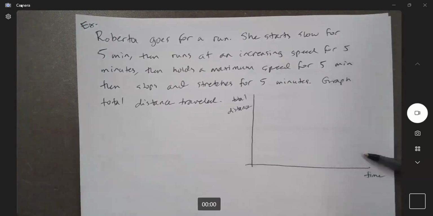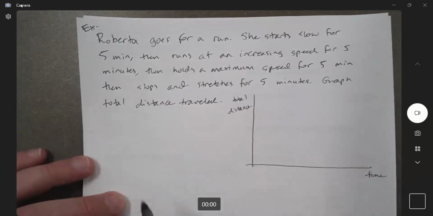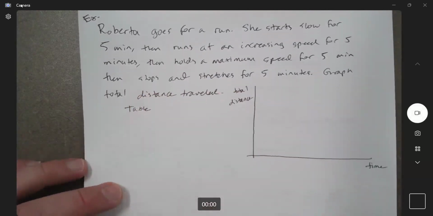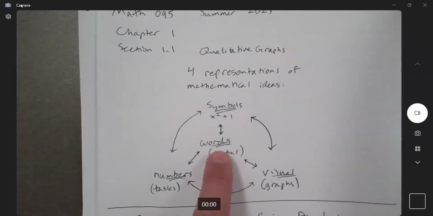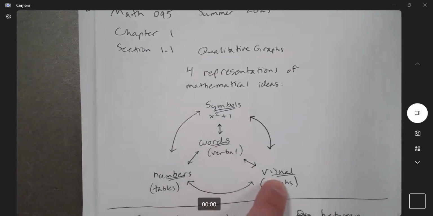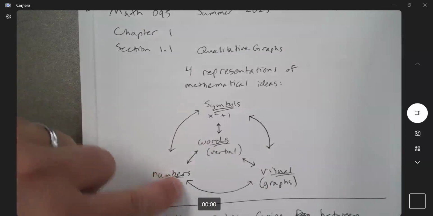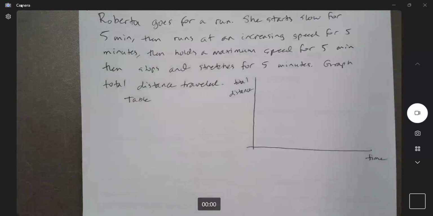You could, before going to a graphical representation, do a numerical representation. You could make a table, for example. And this is what I want you to think about: is there a time when, instead of going from words to visual, it might actually be easier to go from words to numbers and then from numbers to visual, to use those relationships?